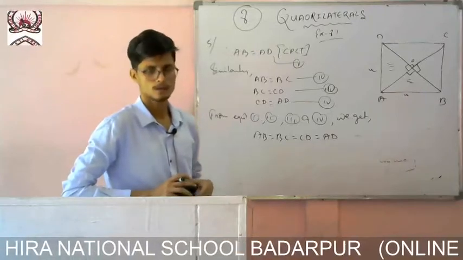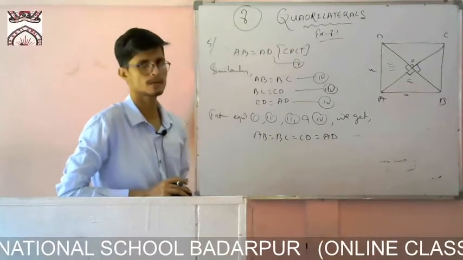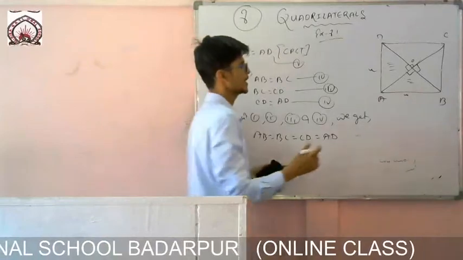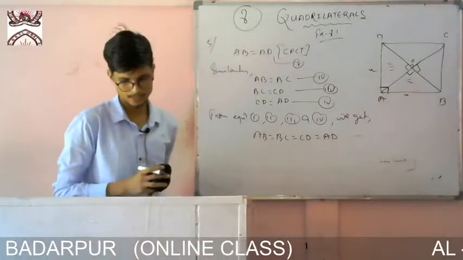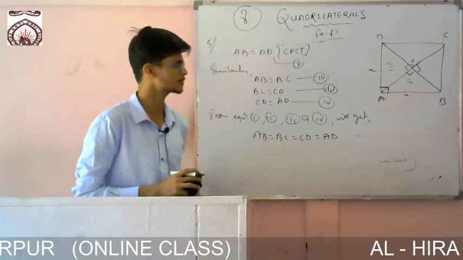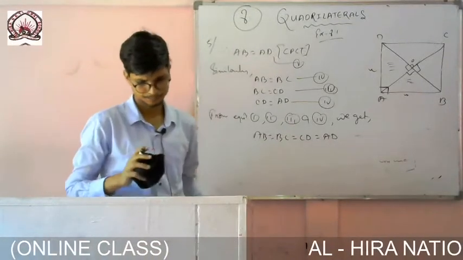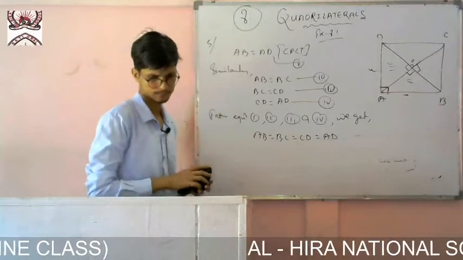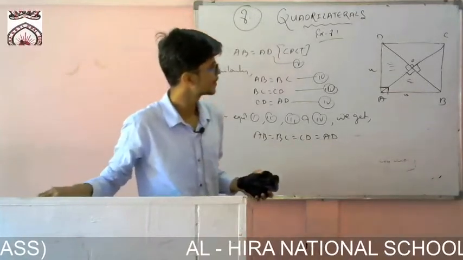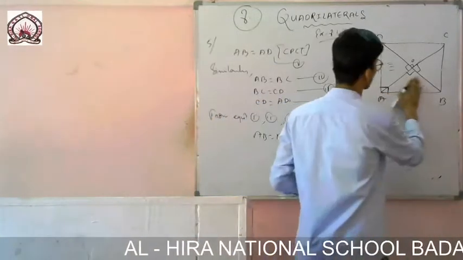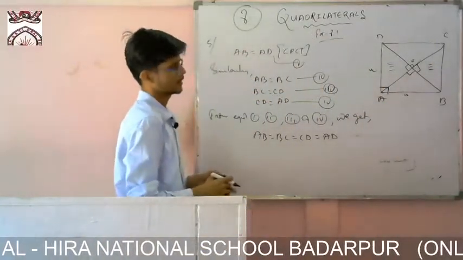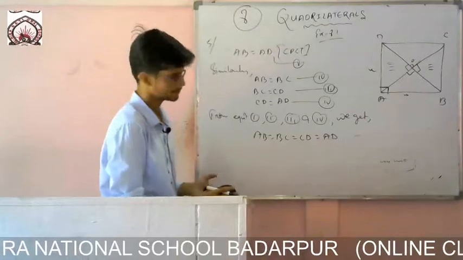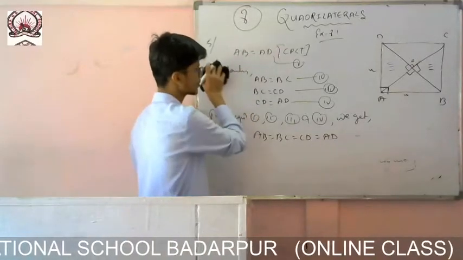So now I have to make it clear: no, it is not a rhombus, it is a square, if I can show that each angle is equal to 90 degrees. Now I will take these two triangles. Okay.